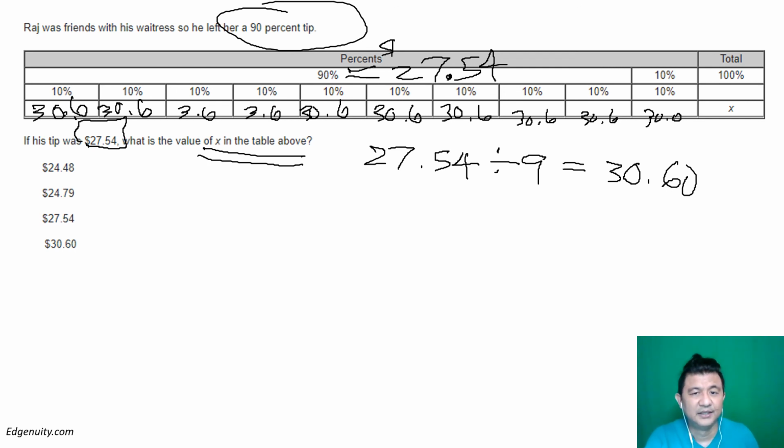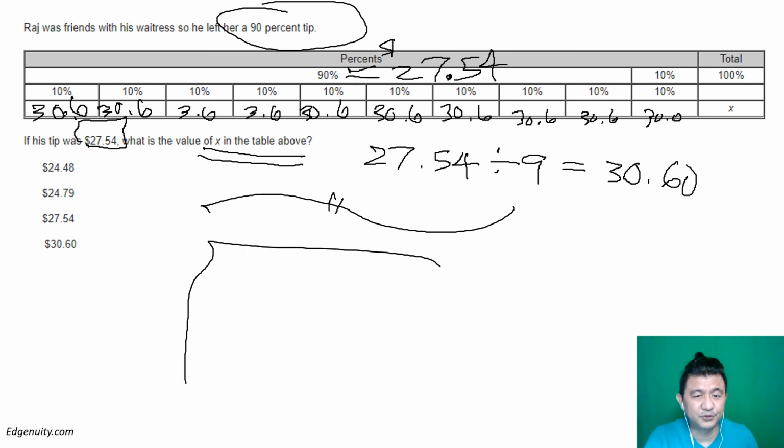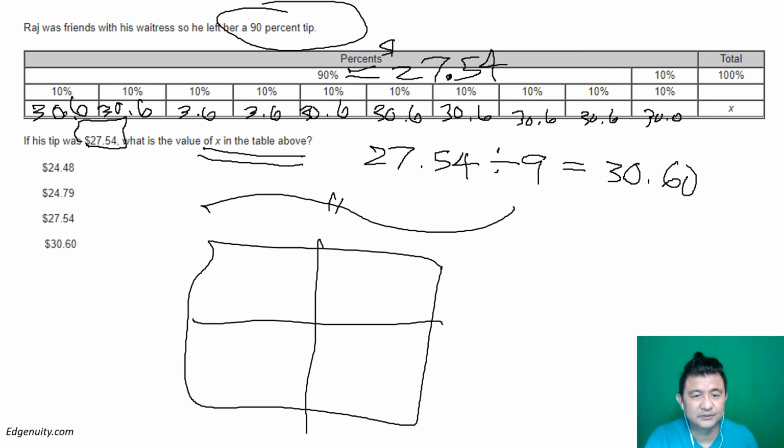Okay, now let's try another strategy. Let's use proportion. Okay, so put your proportion box. Percent over 100 is equal to the part over the whole. All right, so what do I know?